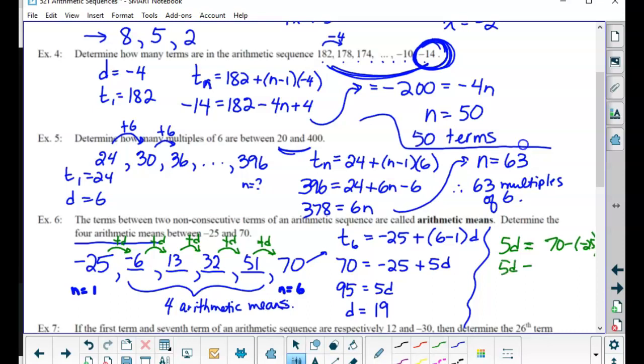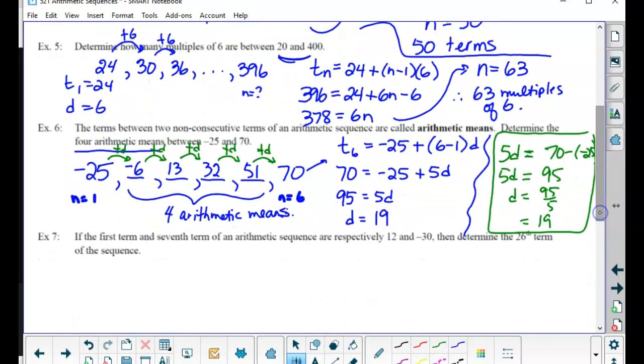So 5D equals 95, so D equals 95 over 5, which is 19. You could very well set it up like this, as long as there's some kind of work, if it's in a written response. And then, of course, you go back and actually give the 4 arithmetic means.